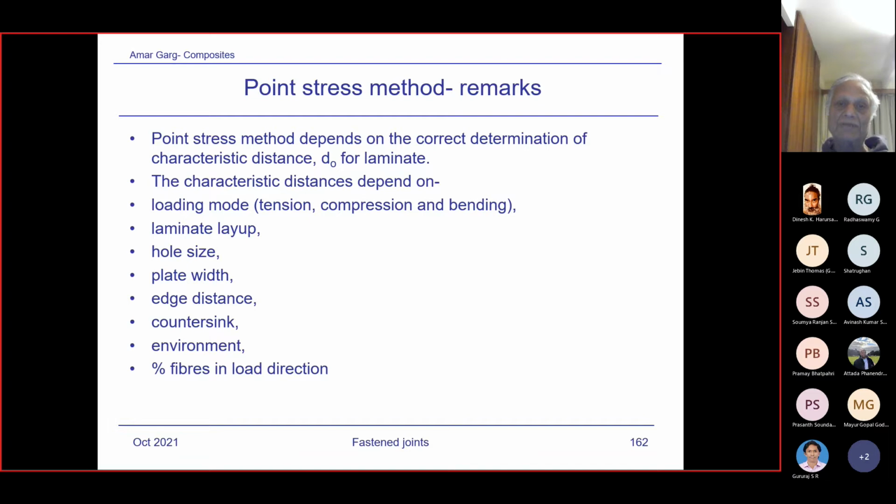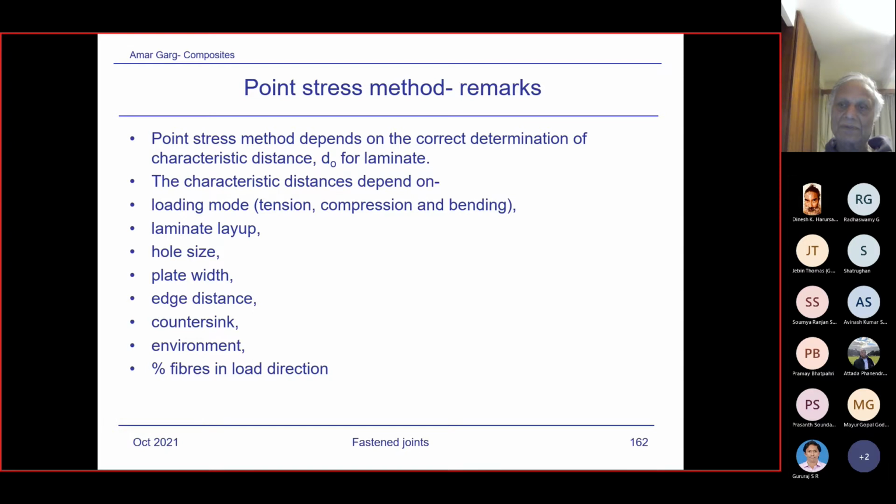So what happens when you're trying to determine D naught for various loading scenarios and laminates? We will test a few combinations of these parameters, and that is done for open hole tension and compression, filled hole tension and compression.